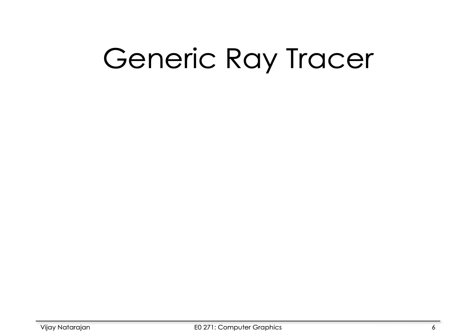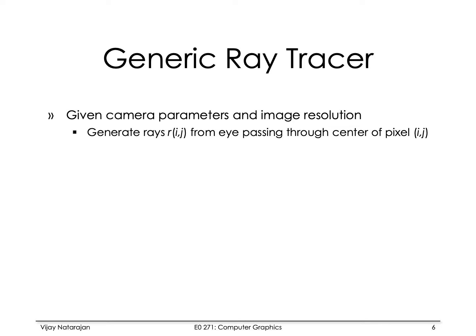So, what is the structure of a generic ray tracer? We assume that we are given the camera parameters, the camera location and so on, and the image resolution. The idea is to generate rays Rij, where the parameters specify the ray that goes from the eye towards the pixel Ij, in particular the center of the pixel Ij.